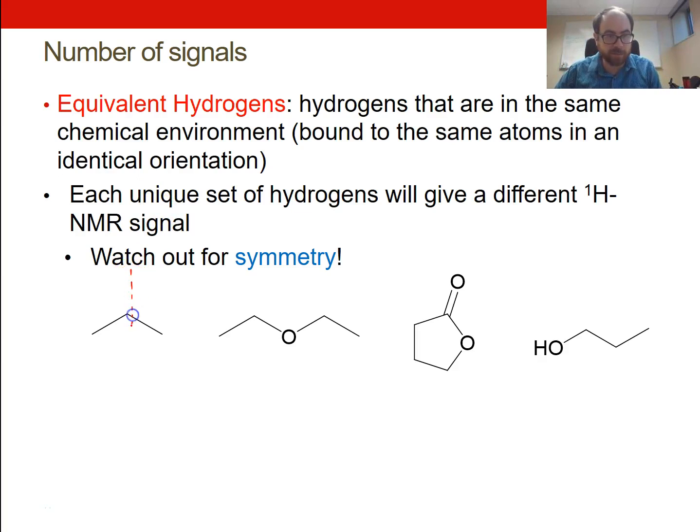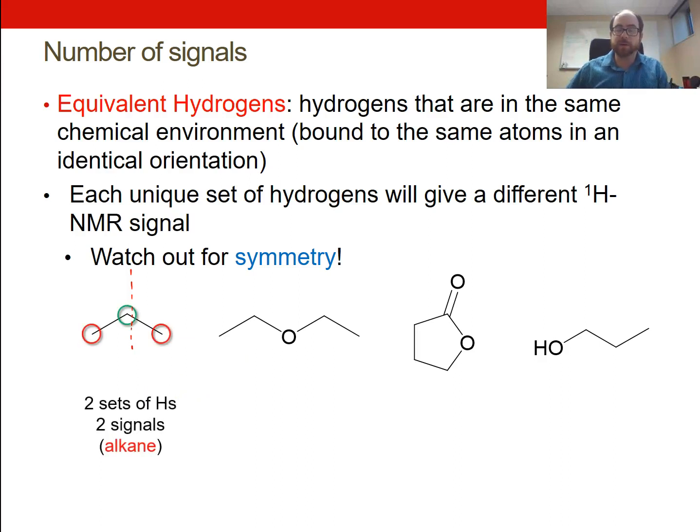The hydrogens attached to this carbon are identical to the hydrogens attached to this carbon here. That is what we would say is chemically equivalent. And the hydrogens in the middle carbon are going to be different. If we put that all together, we have two different sets of hydrogens and therefore two signals in our proton NMR spectrum.